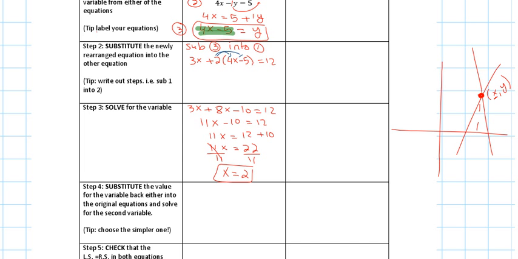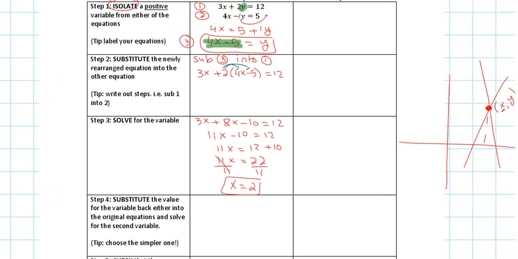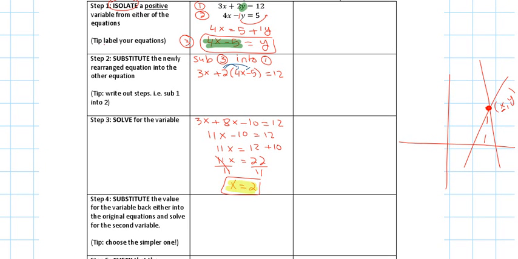So I can take this value right now and sub it in. I can sub it into equation 3 because I know that 4x minus 5 equals to y. So if I sub in x equals 2, I can solve for the value of y.